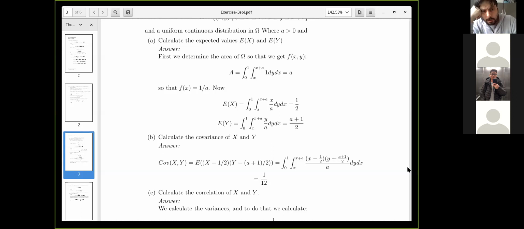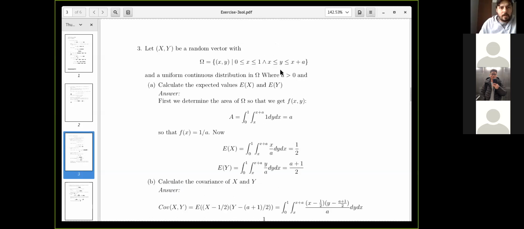Can you explain again why the area is the integral from 0 to 1, x to x plus a? So what do you mean, this a, this one? Yeah. Okay, so look here. This is my sample space, and in my sample space, I gather all the values where x is between 0 and 1, and then all the values of y where y is between x and x plus a.